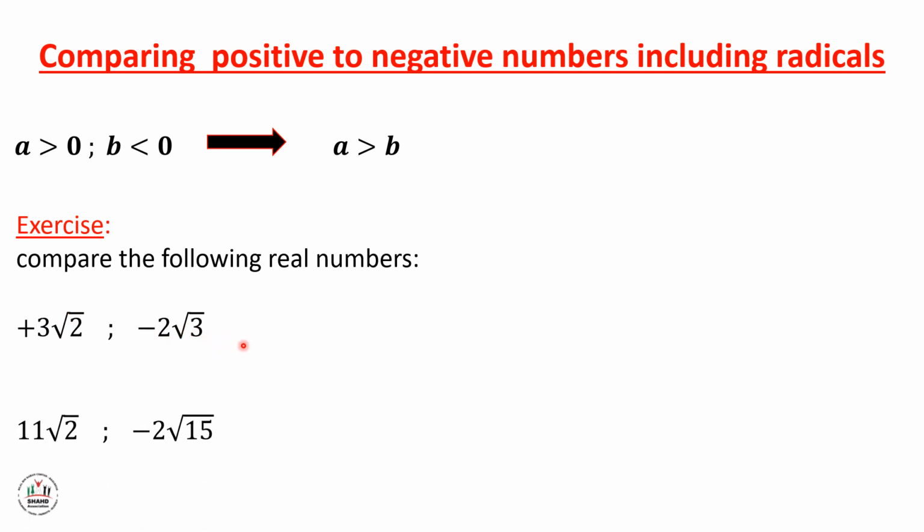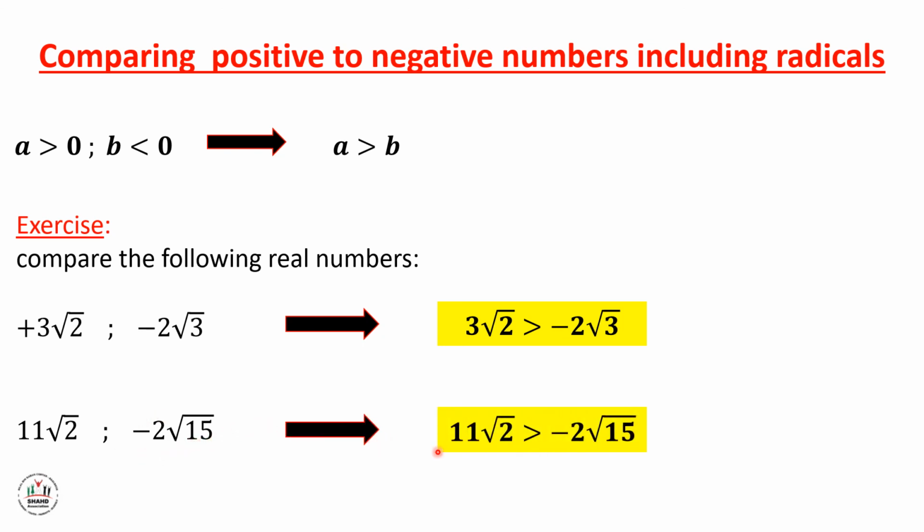We can write directly 3 radical 2 greater than minus 2 radical 3. 11 radical 2 and minus 2 radical 15. Simply we can write 11 radical 2, the positive quantity, is greater than the negative quantity. So 11 radical 2 greater than minus 2 radical 15.